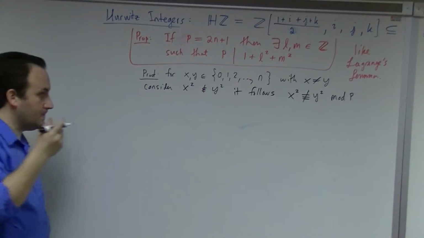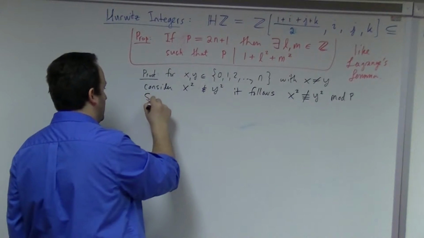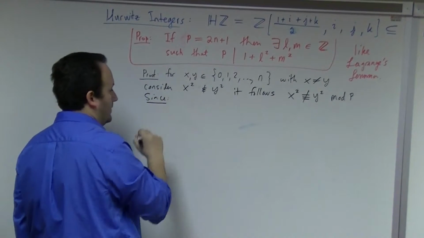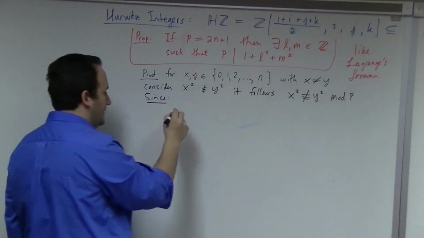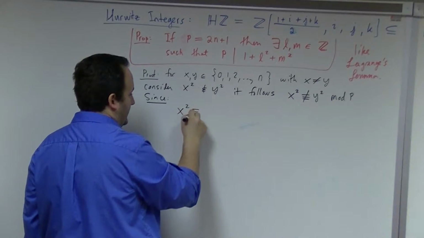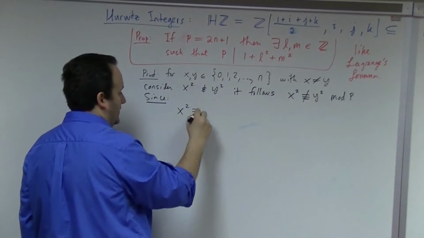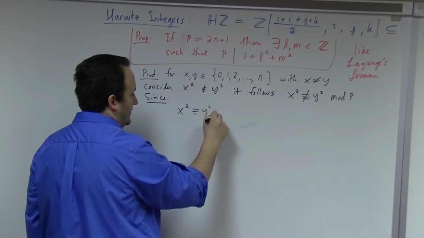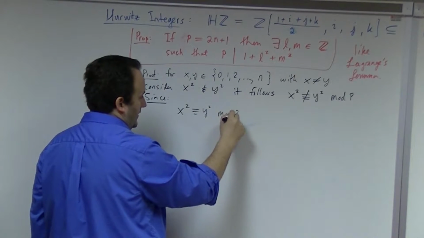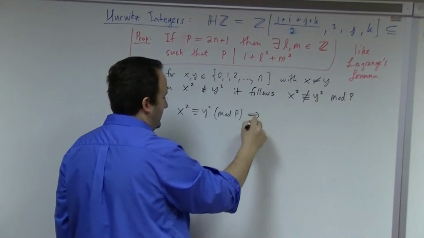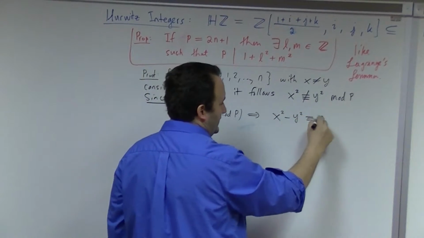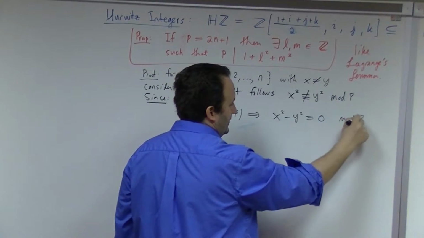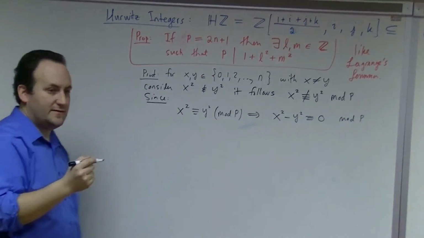Here's the argument. Suppose x squared is congruent to y squared mod p. Let's see here, that implies what? x squared minus y squared is congruent to 0 mod p, right? I'm going to get so sick of writing mod p here.